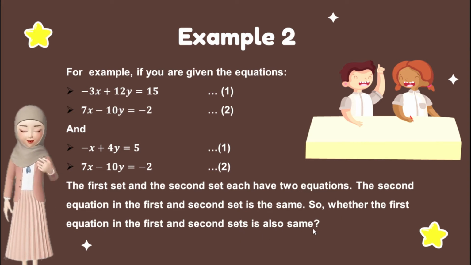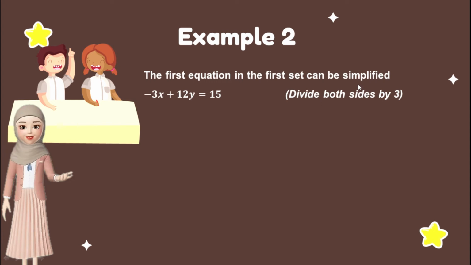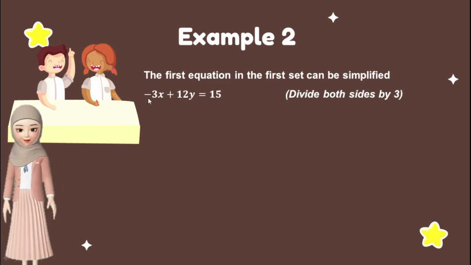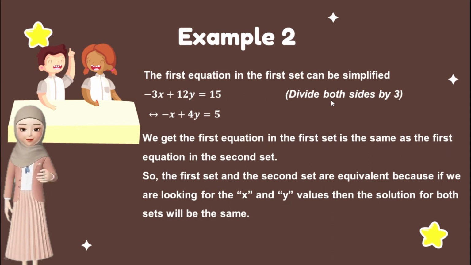Okay, solution. The first equation in the first set can be simplified. Minus 3x plus 12y equals 15. Divide both sides by 3, we get minus x plus 4y equals 5.